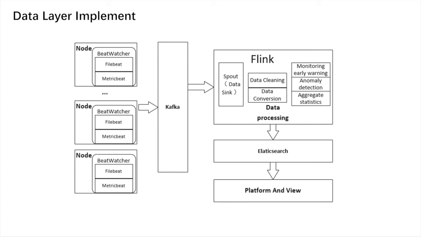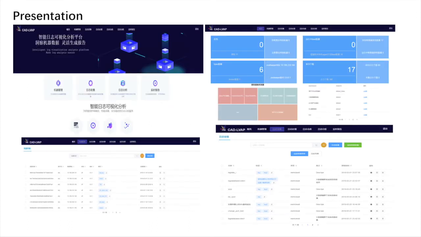The data is then streamed from Flink to ES for analysis and search. It is worth mentioning that log collection, log distribution, log processing, and log analysis, the whole processing is manageable on our platform. Next is the system presentation section.